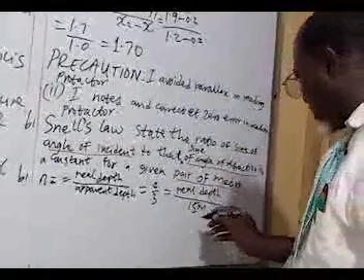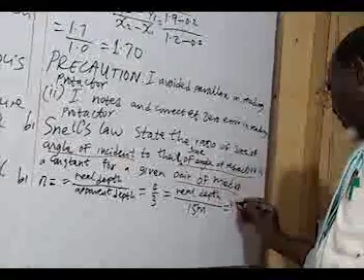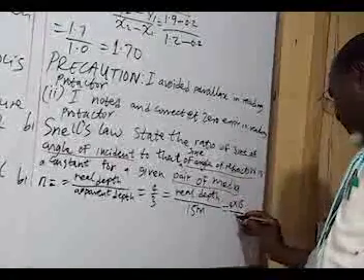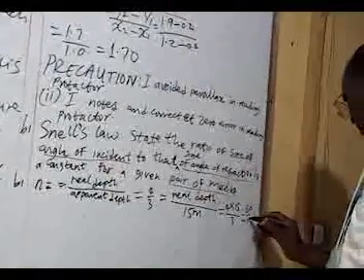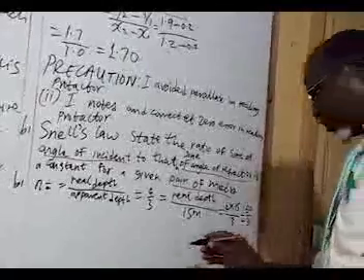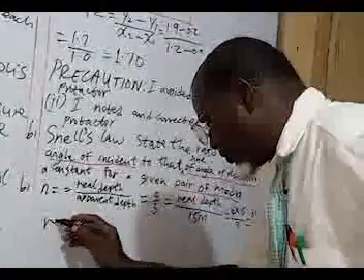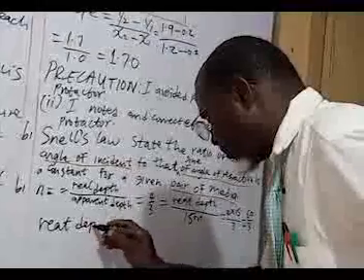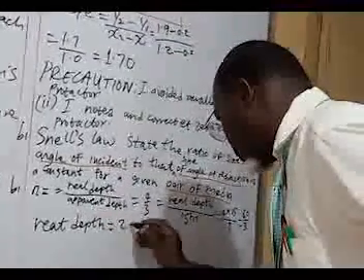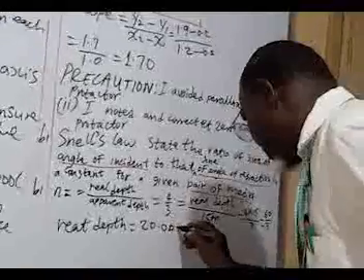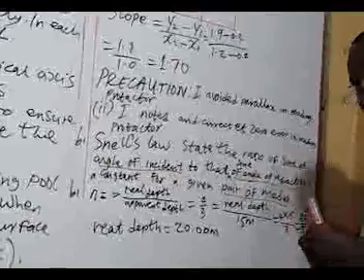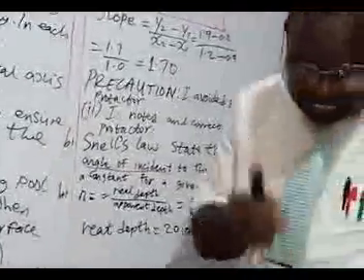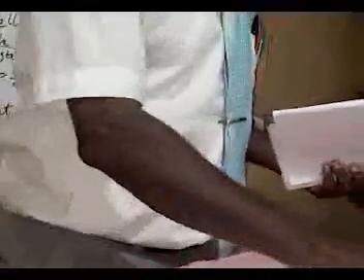So this will give us 4 times 15 over 3, that is 60 over 3. So real depth is 20 meter, telling us that in most cases when you go to the swimming pool, the depth which you see at the top is not the real depth, it's the apparent depth.